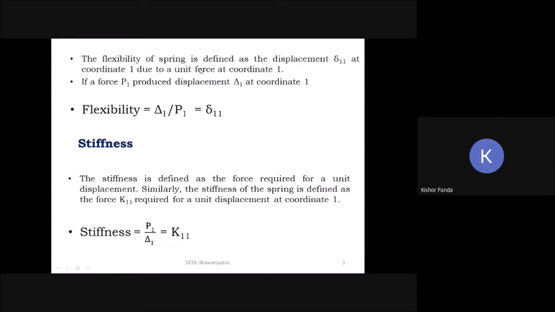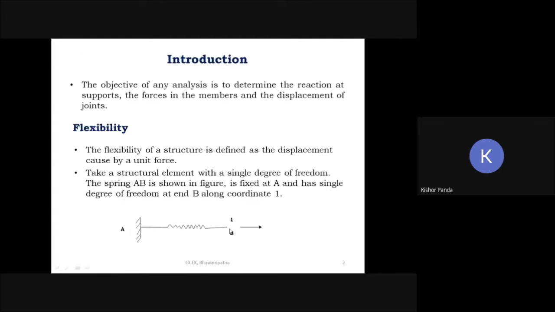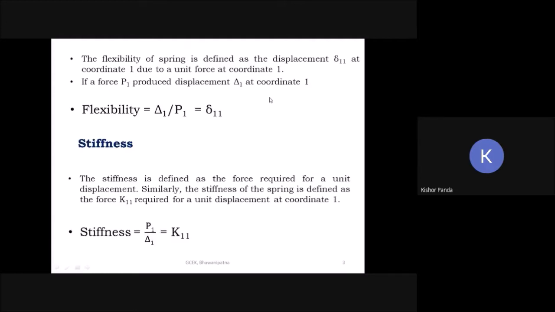The flexibility of the spring is defined as the displacement delta 11 at coordinate 1 due to unit force at coordinate 1. So what is the definition of flexibility? This is the displacement delta 11 at coordinate 1 due to unit force at coordinate 1. When we apply unit force at coordinate 1, the displacement due to this unit force is called the flexibility of the single degree of freedom.